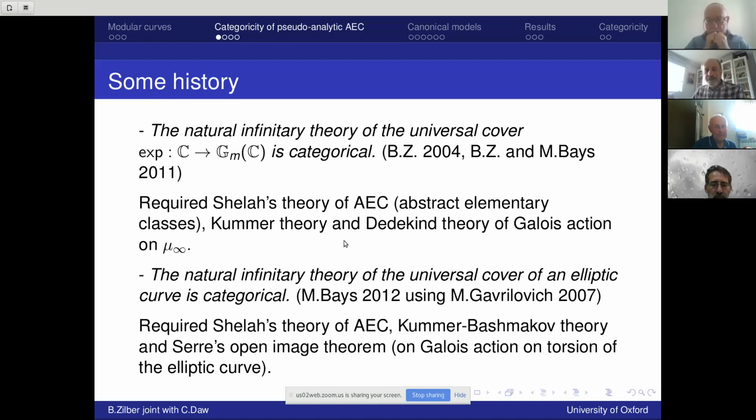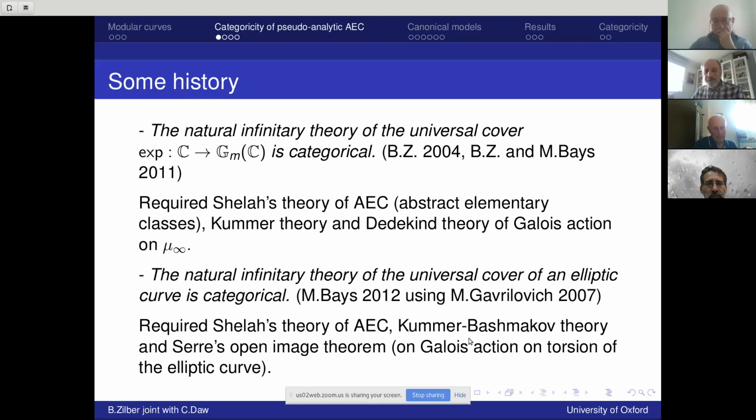Then we extended this project to the cases where it is still a cover coming from the complex plane, but here you have elliptic curves. In this case, the model theory component is still the same, and it remains the same throughout. But the number theory side becomes slightly more complicated.